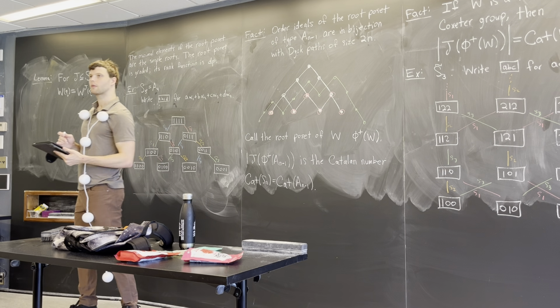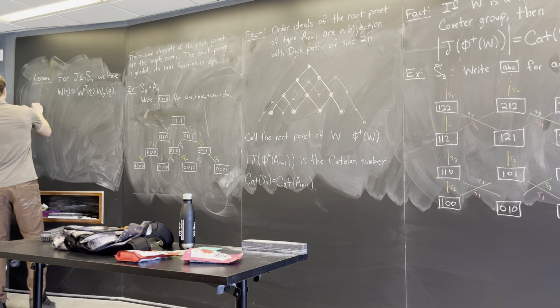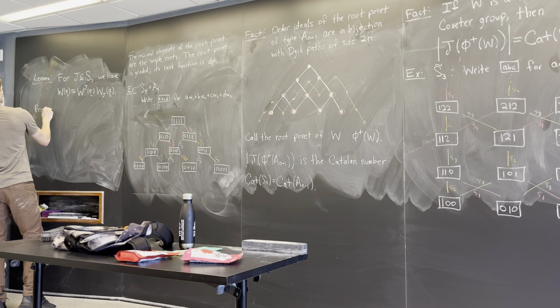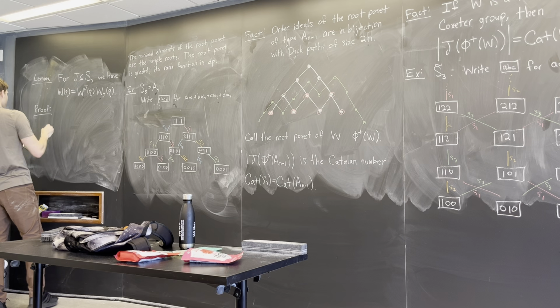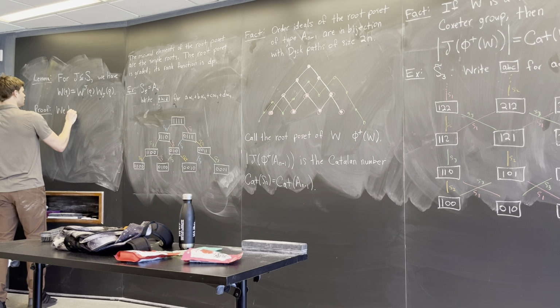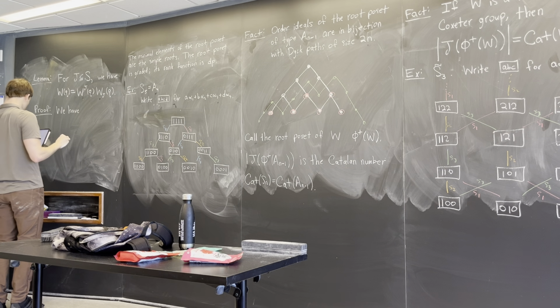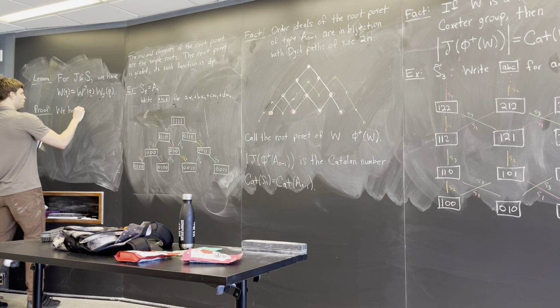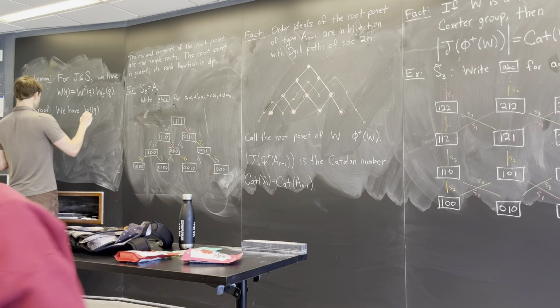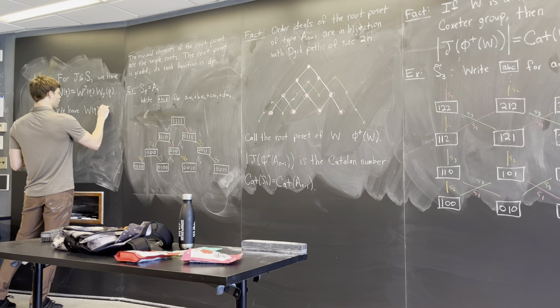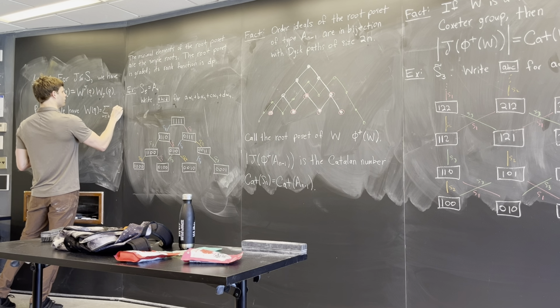So the proof of this: we have W of Q, which is, again by definition, the sum over w in W of Q to the length of w.